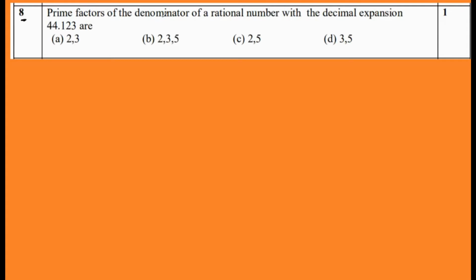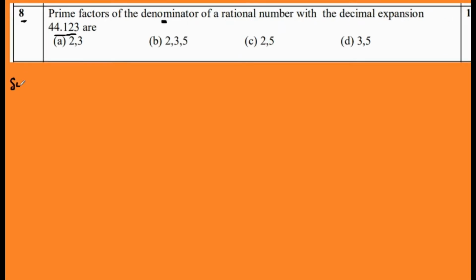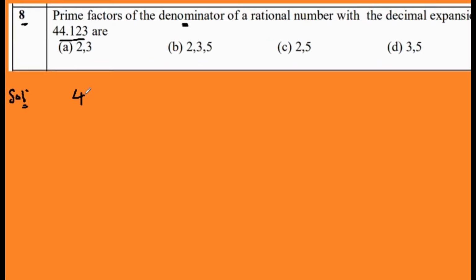Eighth question, prime factors of the denominator of a rational number with the decimal expansion 44.123 are. So we are going to find the prime factors only for the denominator of a rational number. So first we will convert the decimal number into a rational number. So 44.123 can be written as 44,123 divided by 1000. Why 1000? There are three decimal places.